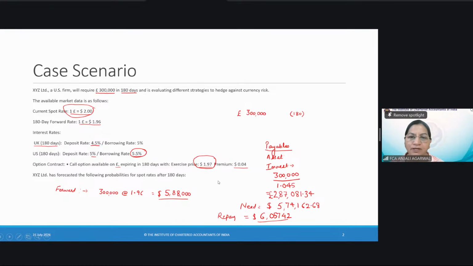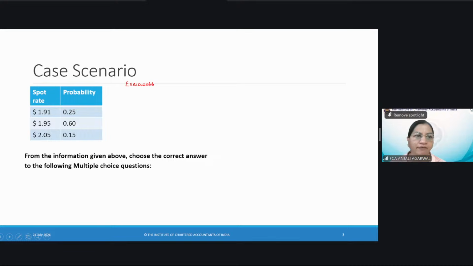So XYZ Limited can buy the pounds at $1.97. But if it is available in the market at 1.91, the call option is not going to be exercised. If it is available in the market at 1.95, call option will not be exercised and I will not buy it for 1.97. So no call option.